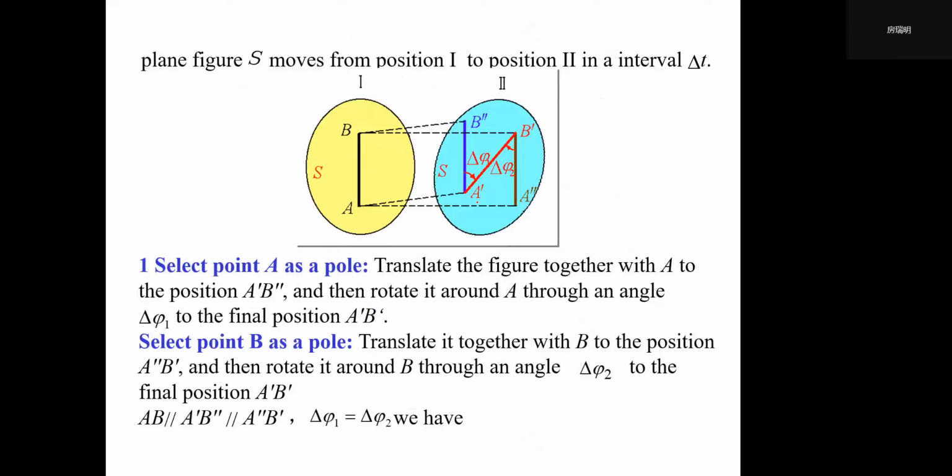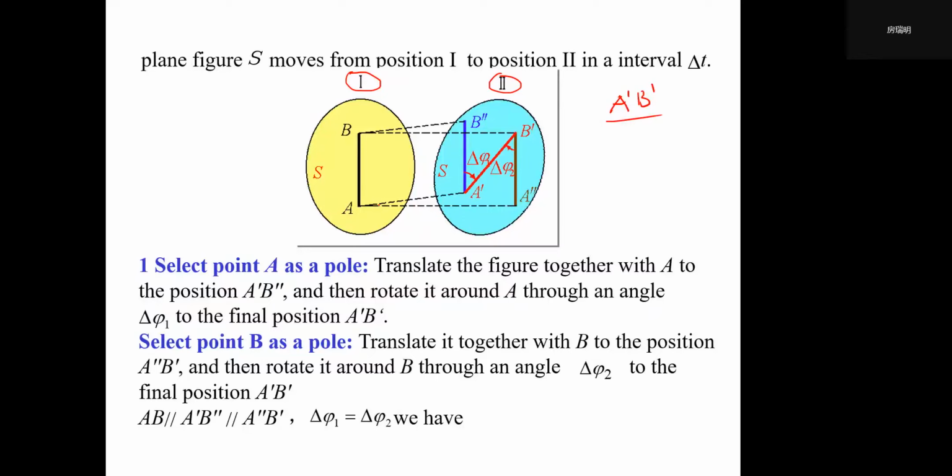Here it tells us that the final position of AB at position 1 is vertical, and at position 2, its final position is this A prime B prime. But in order to simplify the analysis, if we select point A as the pole, the reference point, it can be thought of as translating the figure together with A to the position A prime B double prime.